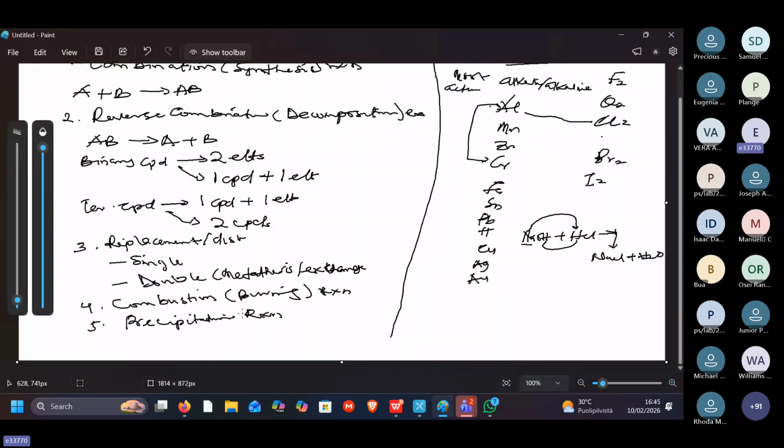So that's basically looking at aqueous solutions, and if you have an aqueous solution, what it means is that the compound in that water is just going to be in its ionic form.